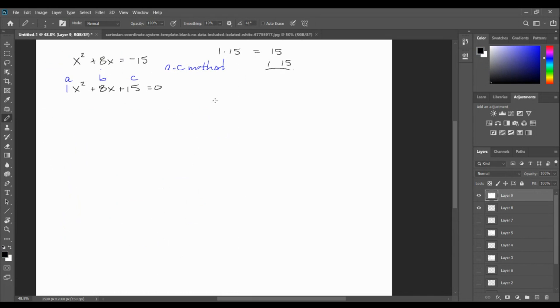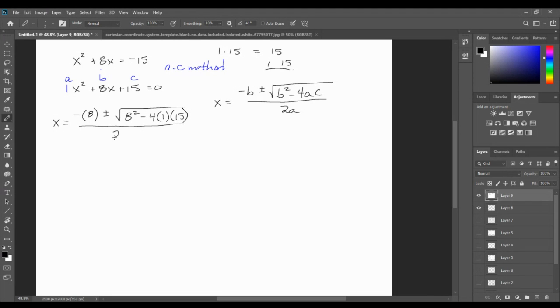The formula is that the variable equals the opposite of b plus or minus the square root of b squared minus 4ac, all over 2a. So now I can just plug in these variables. X equals the opposite of b. B is 8, plus or minus the square root of b squared minus 4 times a times c, all over 2 times a.